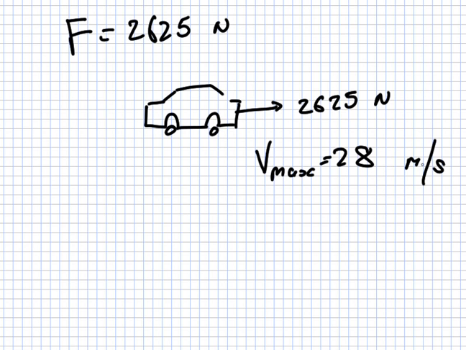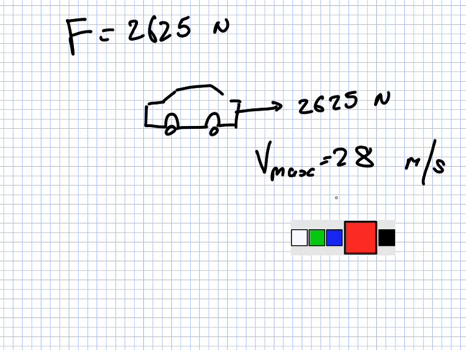Let's go. What's the reason for the maximum speed? Any ideas? Why does the car not keep getting faster? Why does it reach a maximum speed? Reaction force. Which reaction force? Friction. Which friction? Air.